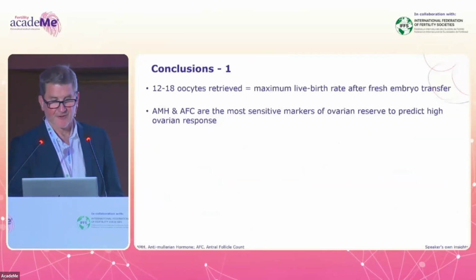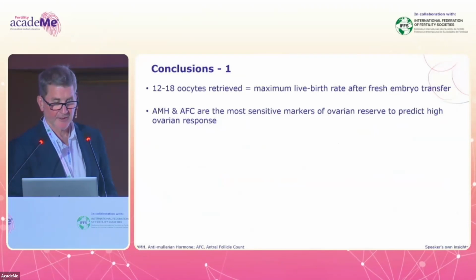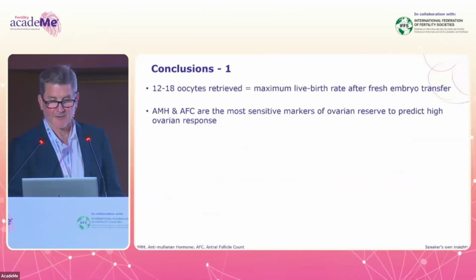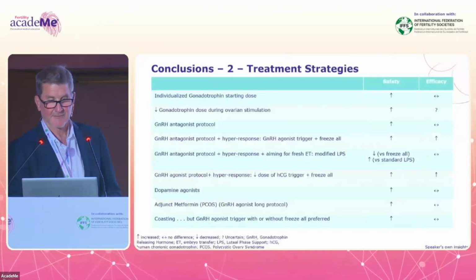So in conclusion, first of all, the sweet spot for maximal live birth rate following a fresh embryo transfer is between 12 and 18 oocytes retrieved. AMH and antral follicle count are the most sensitive markers of ovarian reserve to predict ovarian response.